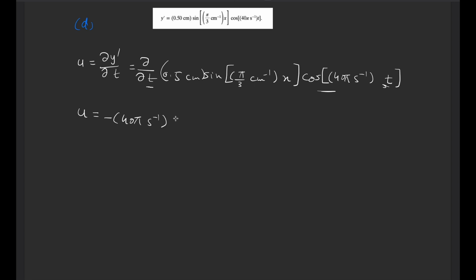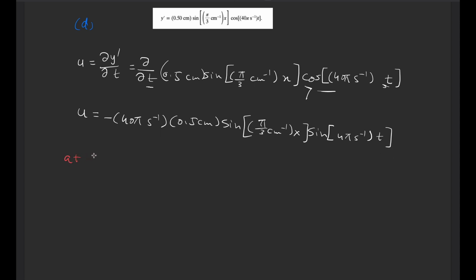Then this whole term 0.5 centimeter sine of pi by 3 per centimeter into x, and here we write sine, because the derivative of cos is sine, of the same term 40 pi per second into t.